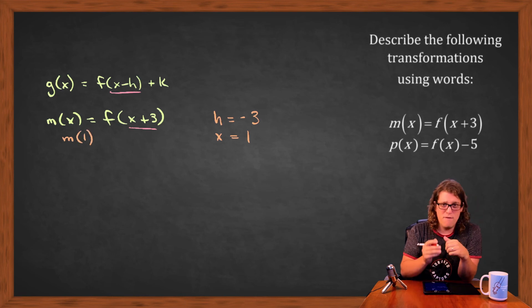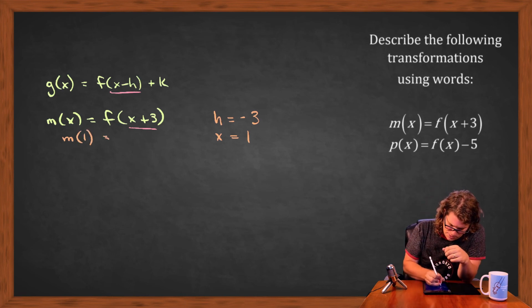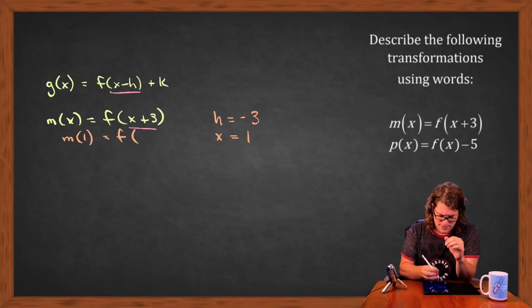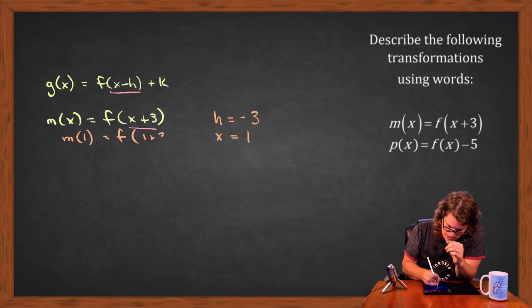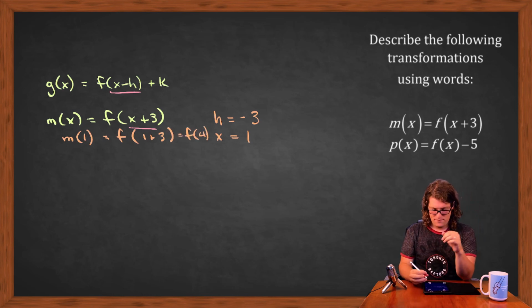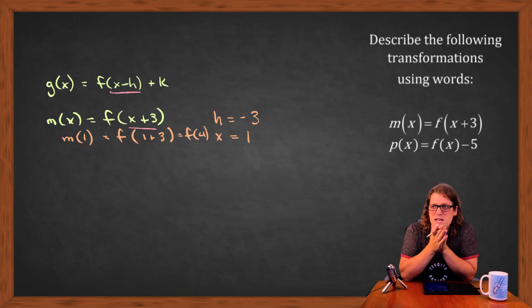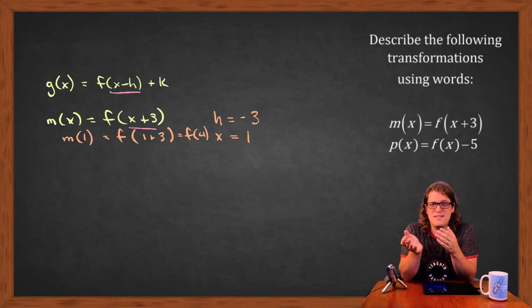Well, that would be m of 1 is equal to f of, and then it's the 1 that is the x value. So it would be 1 plus 3, which means it's the same thing as f of 4. So what we've done is we've said that f of 1 plus 3, which is f of 4, is the correct value for the position at an x value of 1 on the m function.